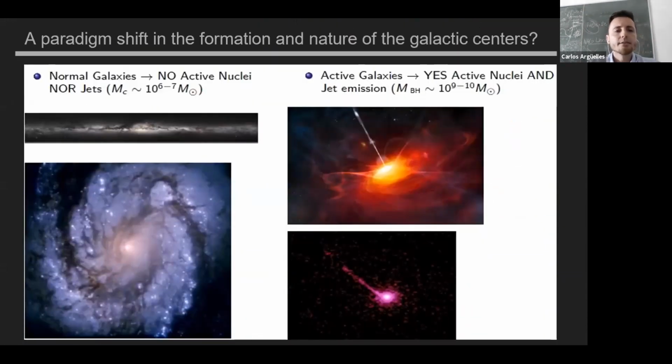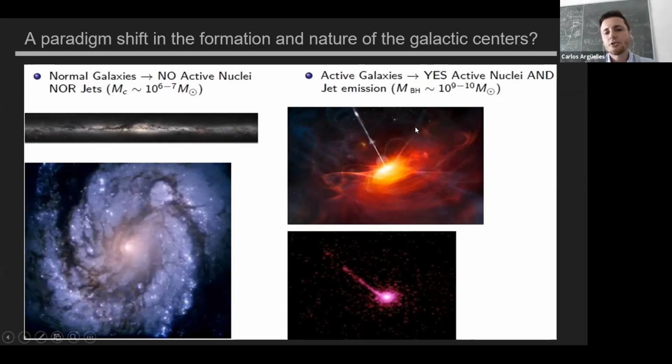So this is my last slide, showing that our results suggest that normal galaxies, so non-active galaxies with central object masses of 10 to 6 up to 10 to 7, which of course do not generally show jets or activity, may not have supermassive black holes, so singularities, but dense cores of dark matter, and that's why you don't see activity.